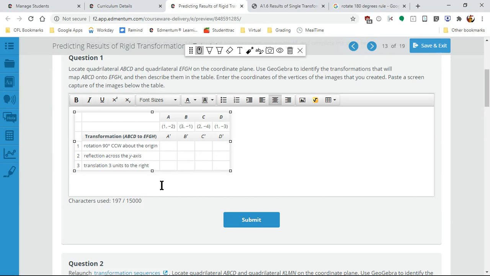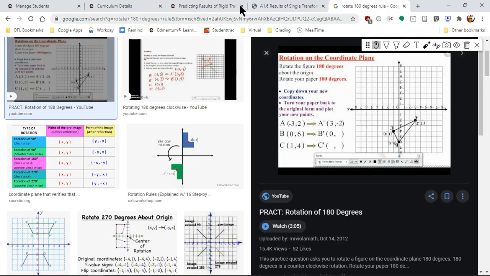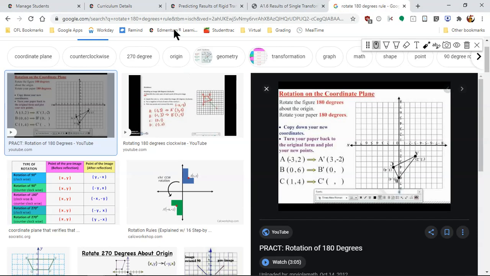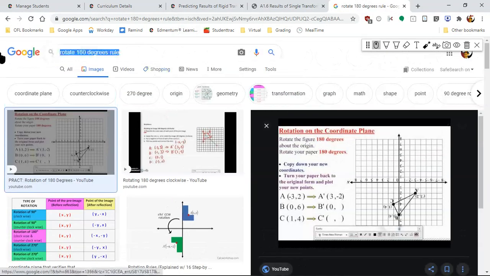So when we're doing multiple translations, we're going to do multiple rules at one time. So I recommend having a piece of paper down so you're not having to Google these rules every single time. So for example, I can literally just copy this and figure out what the rule is over here.